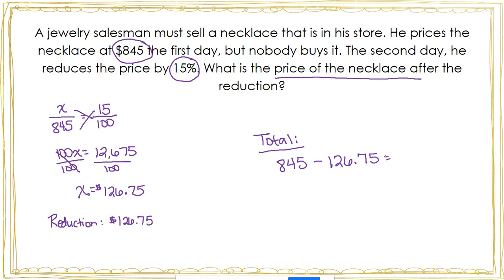I get a difference of $718.25. That means that the new cost of the necklace after the reduction is $718.25.